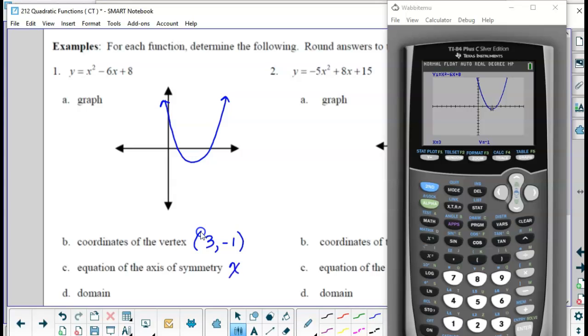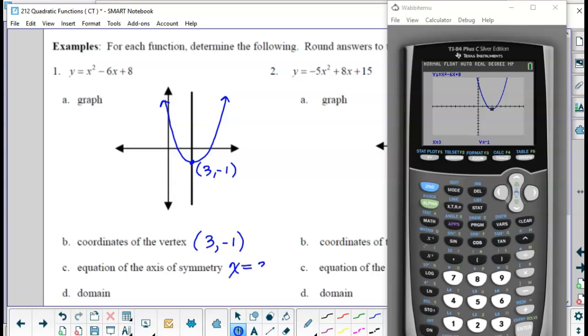Equation of the axis of symmetry, remember, that's going to be through there. And then the vertex we wanted was 3, negative 1.